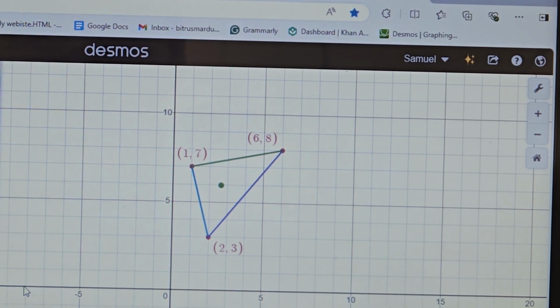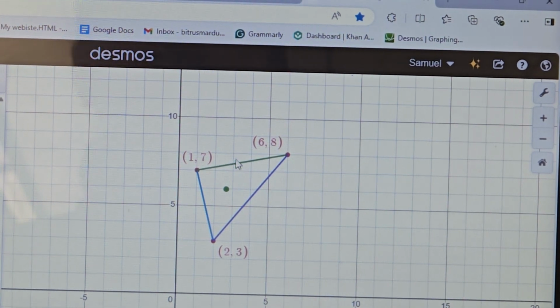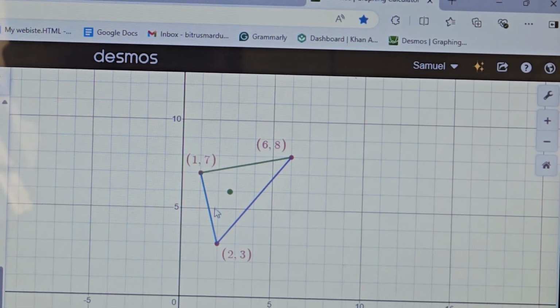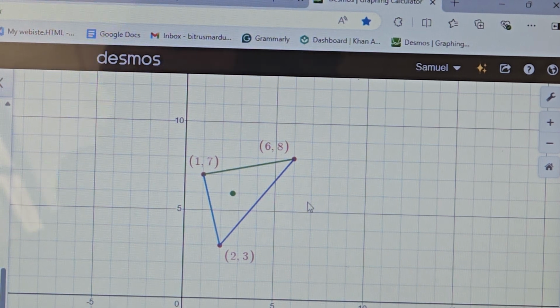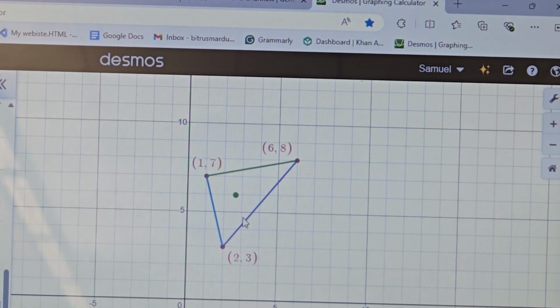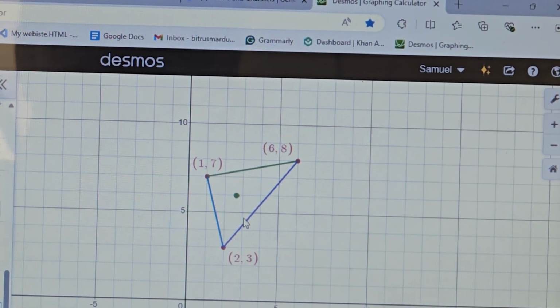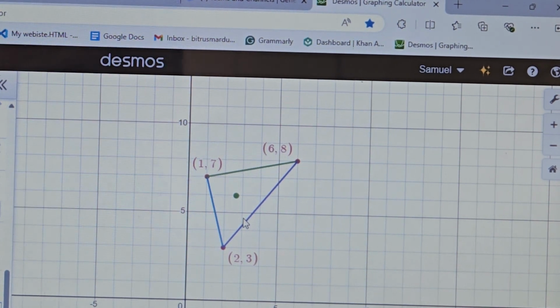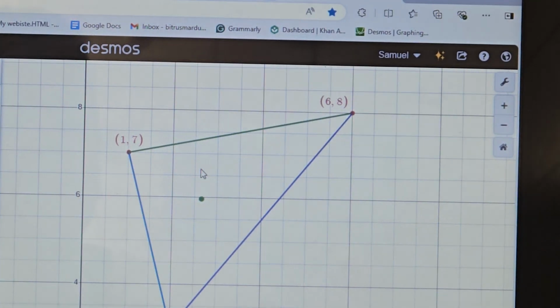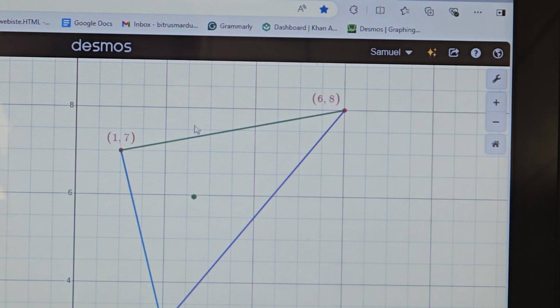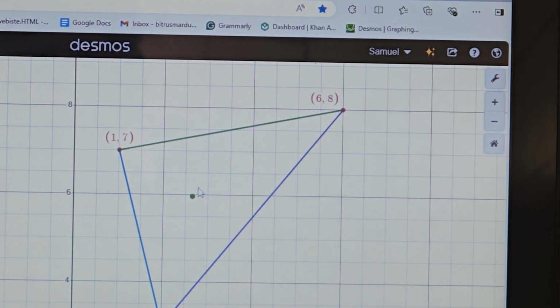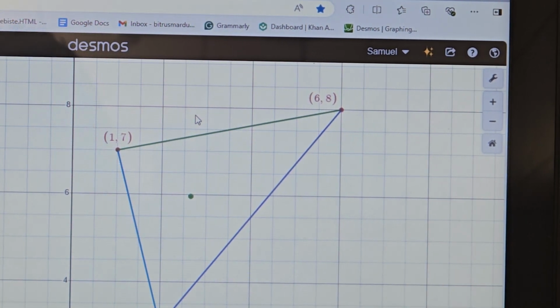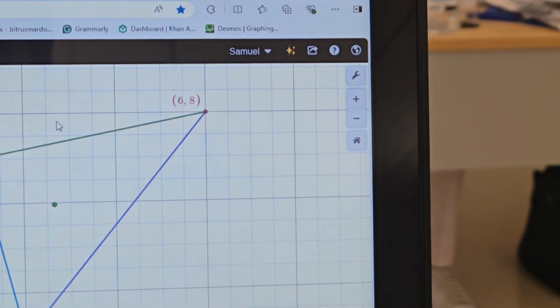Just give me a second to enter that. And this is what you should get: a point that is equally distant from all three sides. Now what you want to do is make a line that defines the radius. This line has to be perpendicular to any of these three and has to align with our center.